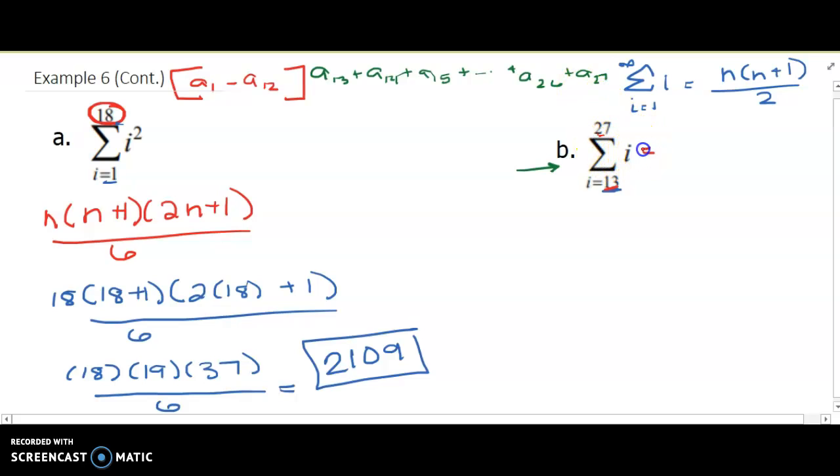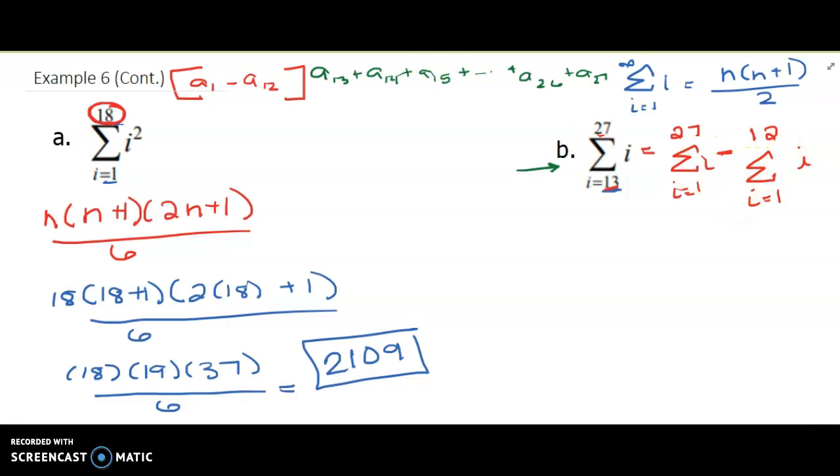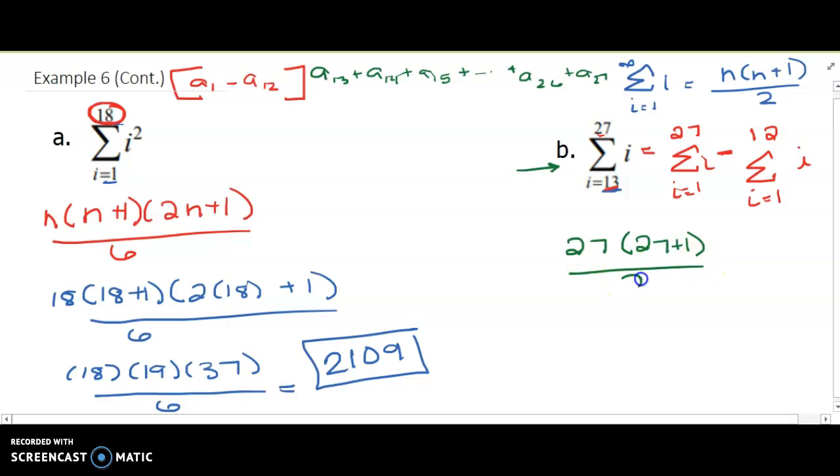So this is going to equal, if I find all of them from 1 through 27, and then I subtract from term 1 through 12, that would give me what I need here. So this would be 27 times 27 plus 1 over 2.